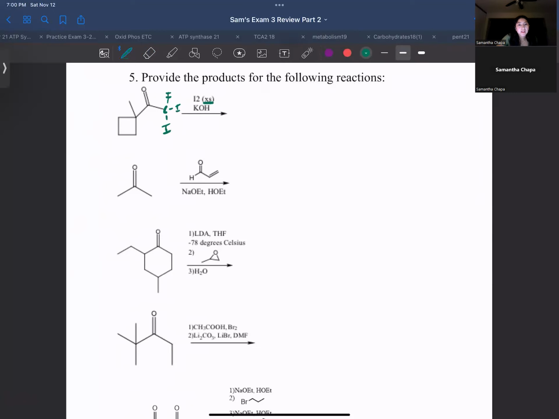Then we have the OH, which we know is negatively charged. So as usual, we have a nucleophile and we have an electrophile. So I'm going to attack my electrophile, bring it up.